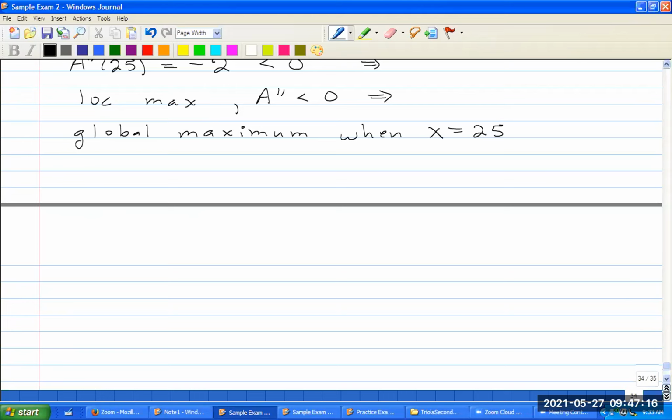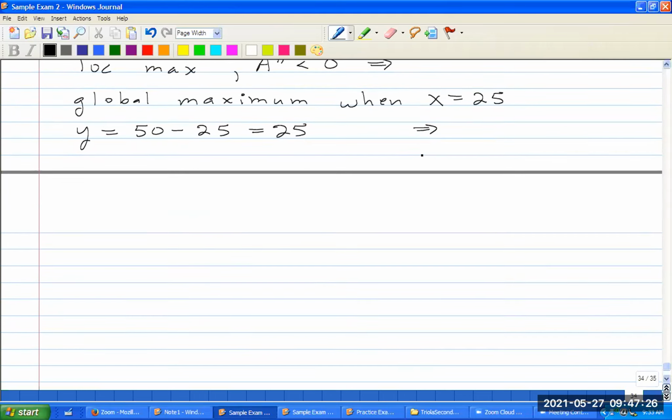Well, let's determine y. y is 50 minus x. Therefore, we have a global maximum.